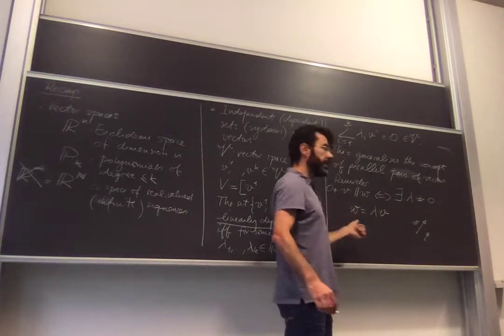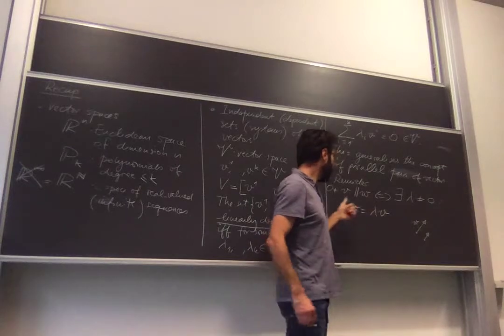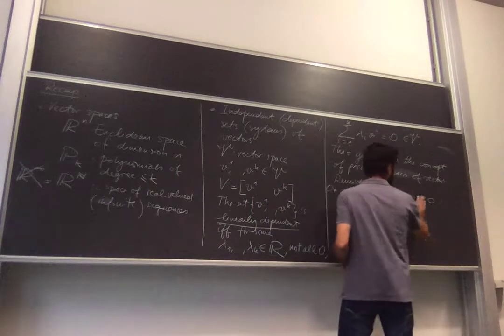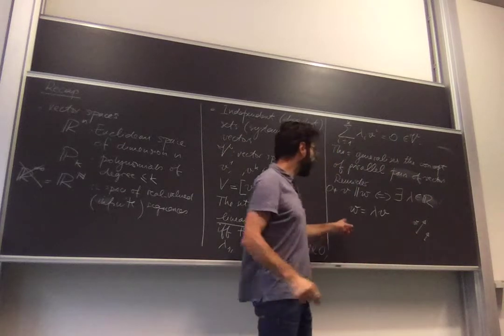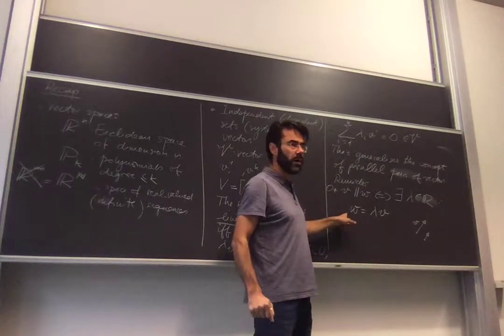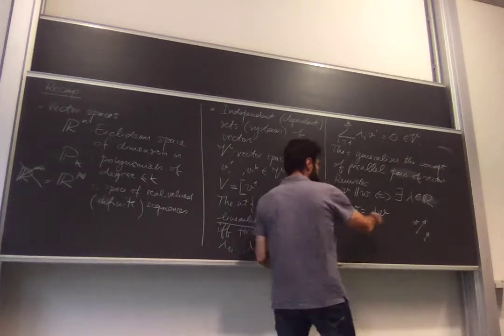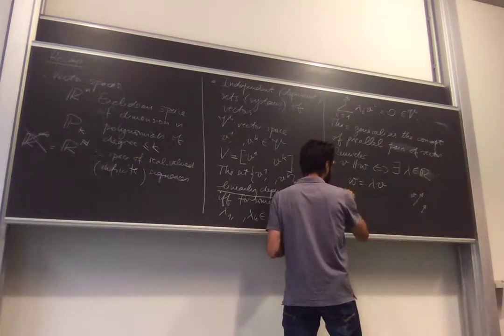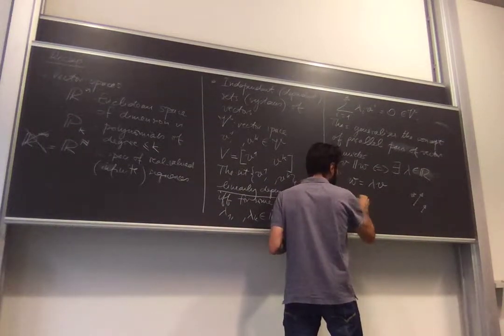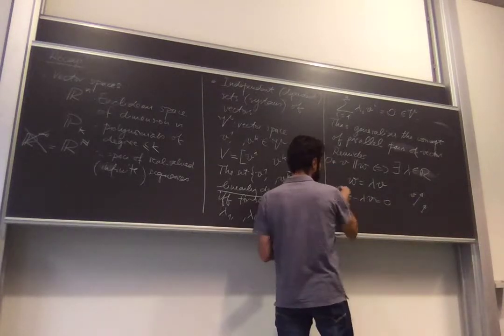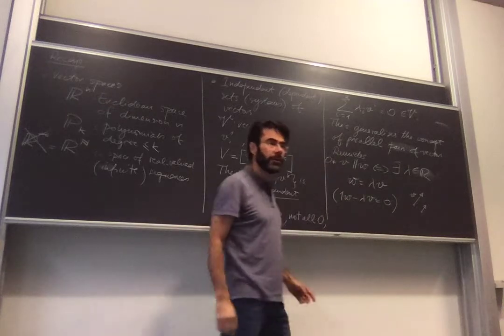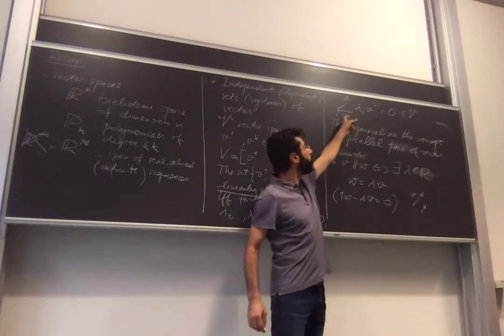Now, if you reinterpret this, the non-zero coefficient is hiding here. Actually, it's a 1. Because this is the same thing as saying that 1 times W minus lambda V is equal to 0. I'm just writing it in a form that resembles that.